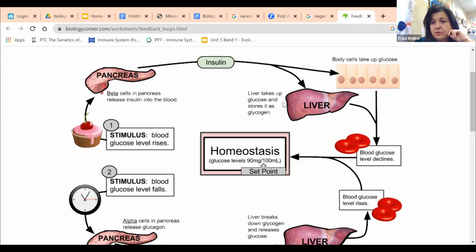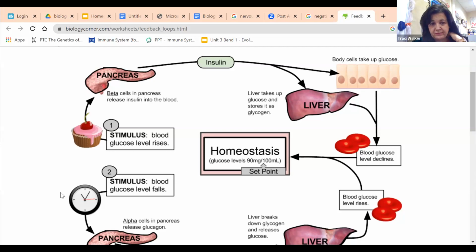Also, your liver absorbs more sugar out of your blood, and that causes your blood sugar levels to go back down to normal. Okay, and that will continue until we reach a steady, stable, normal state, or our set point.